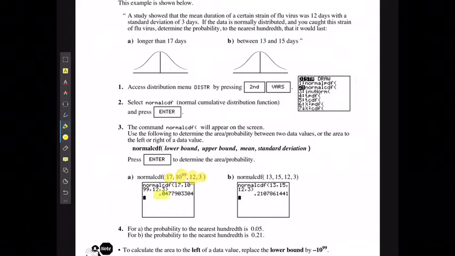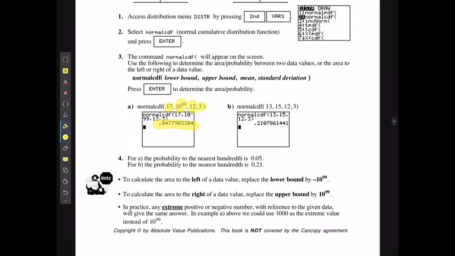It will still calculate the percentage for you. You can see a picture of what this looks like: lower boundary is 17, upper boundary is 10 to the power of 99, the mu is 12, and the sigma is 3, and it calculates it.